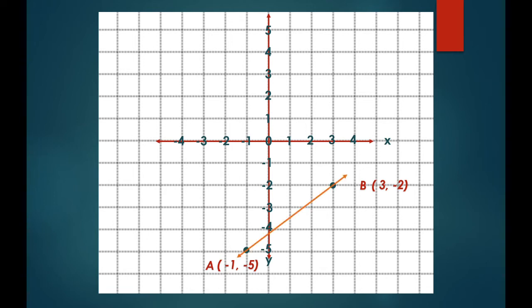Now, if we connect these points, this will form a line. Ibig sabihin, if we have 2 points, those are already enough to draw a line. Hindi mo na kailangang damihan pa. Pero pwede mo namang gawin yun, it's just that the minimum number of points na kailangan natin para makabuo ng line is just 2.